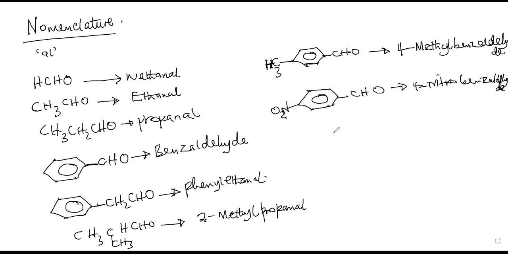Then a case where you have a benzene ring, with CHO here and OH here, this is carbon 1, carbon 2, so we call it 2-hydroxybenzaldehyde.